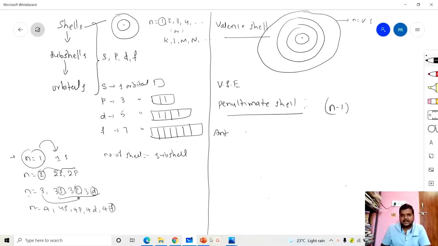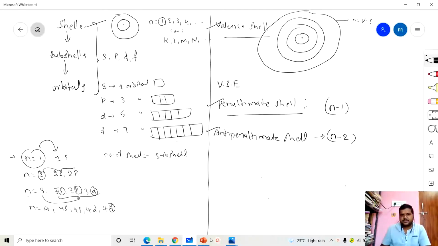Next, the anti-penultimate shell is the shell present just before the penultimate shell, that is n-2. So the last orbit is the valence shell, before that the penultimate shell, and just before that the anti-penultimate shell.